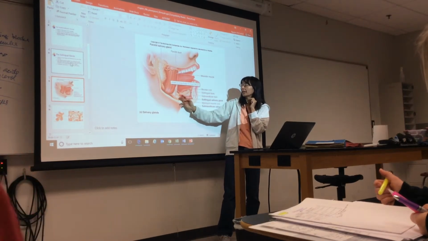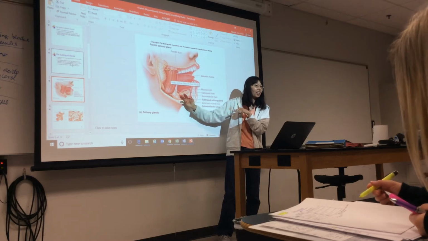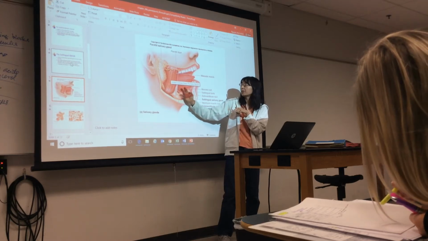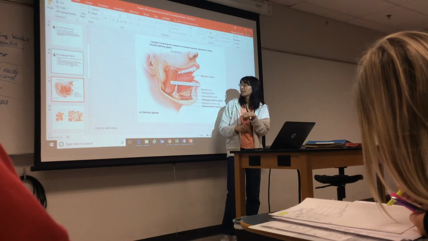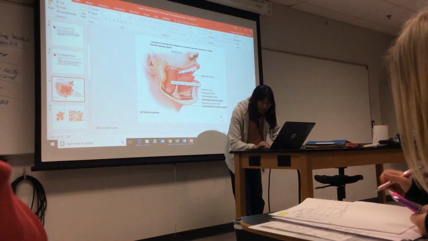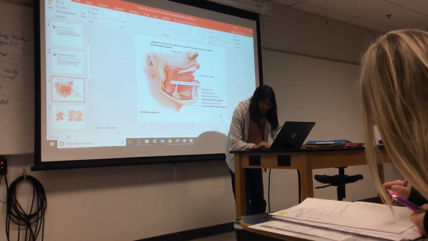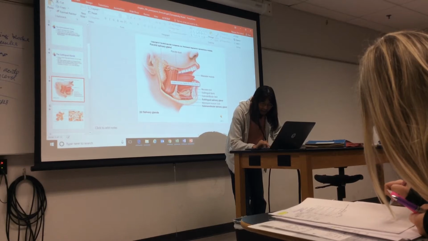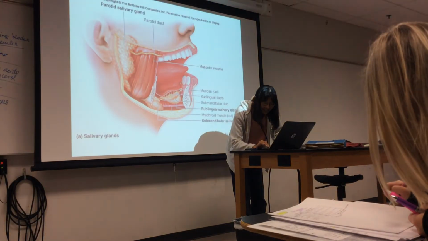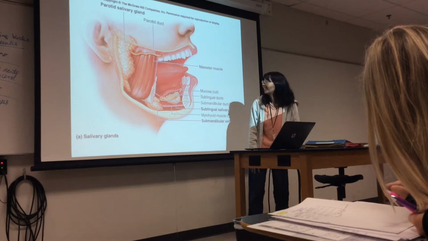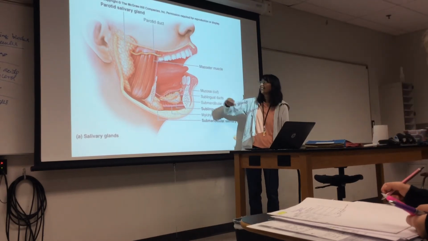But the other two glands are beneath the tongue, right? So the duct comes under the tongue. Make sense?